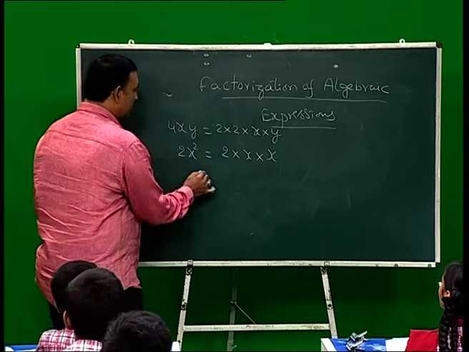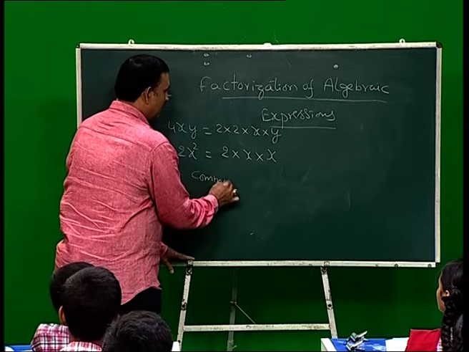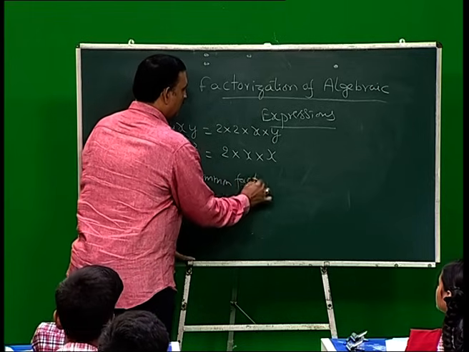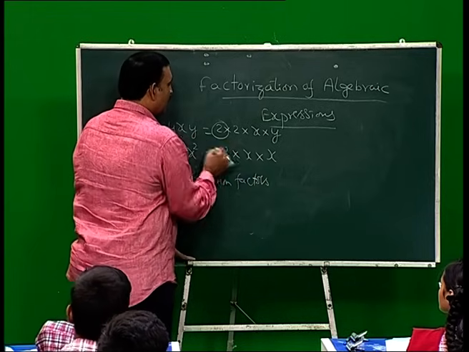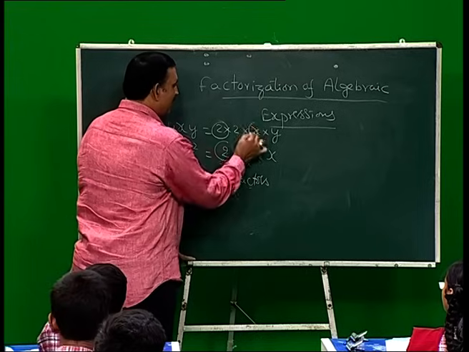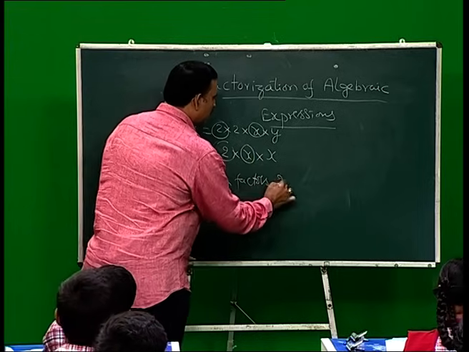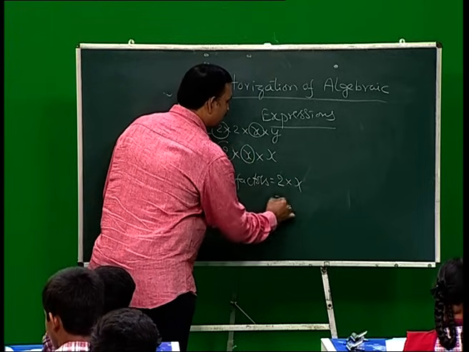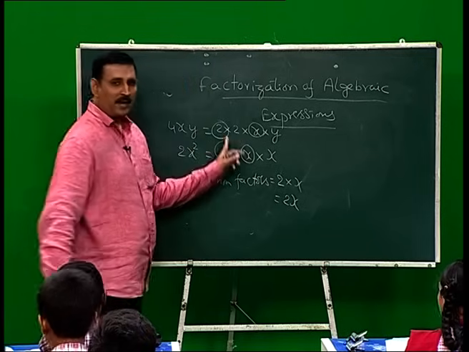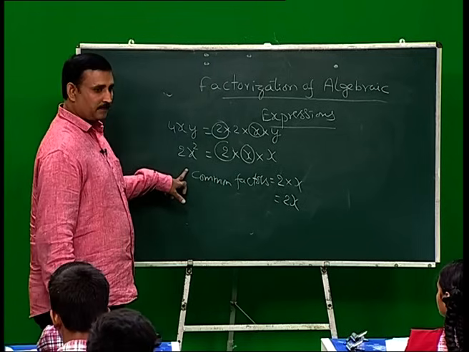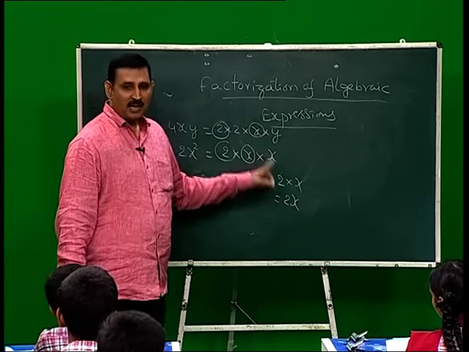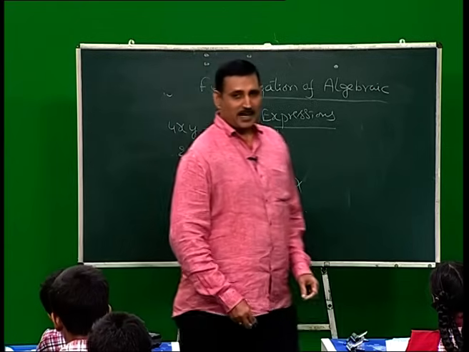What is common, 2 or x? One 2 is common in both. One x is also common. So 2 into x, that is 2x, is the common factor for both these expressions.